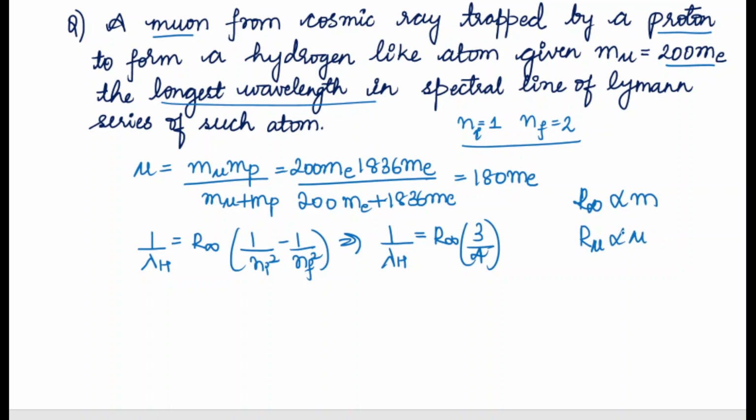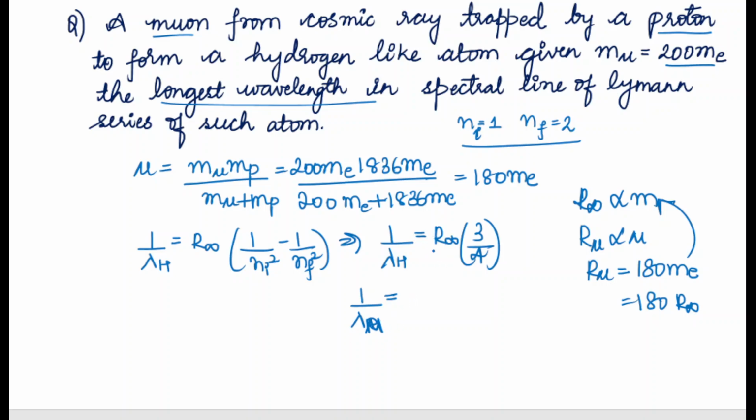Instead of this reduced mass, we will substitute the value to be 180 times the mass of electron, so 180 times R infinite. So here it will be 1 divided by lambda mu, or lambda m, it is your wish, you can name anything.